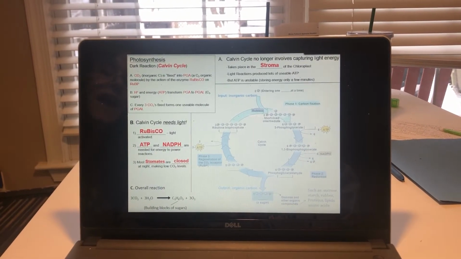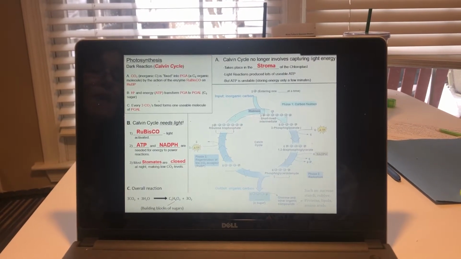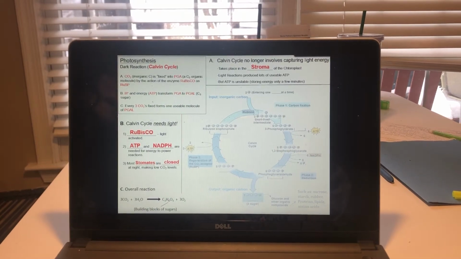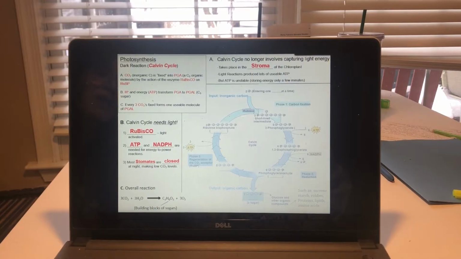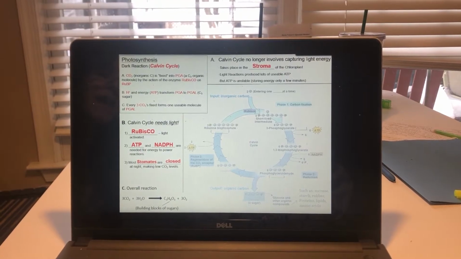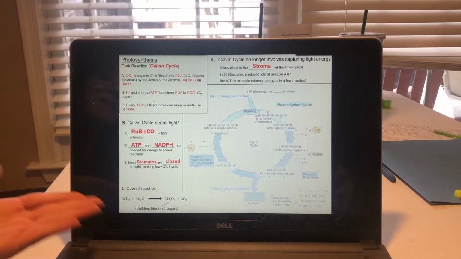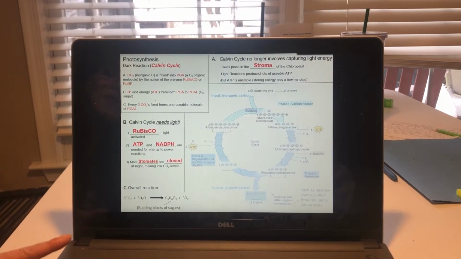Remember, our overall reaction is 3 carbon dioxide molecules plus 3 water molecules gives C3H6O3, which is PGAL, which stands for phosphoglyceraldehyde, plus 3 oxygen molecules. Now, one of the things that this diagram or this equation doesn't account for is the fact that you actually use 6 water but produce 3 water.